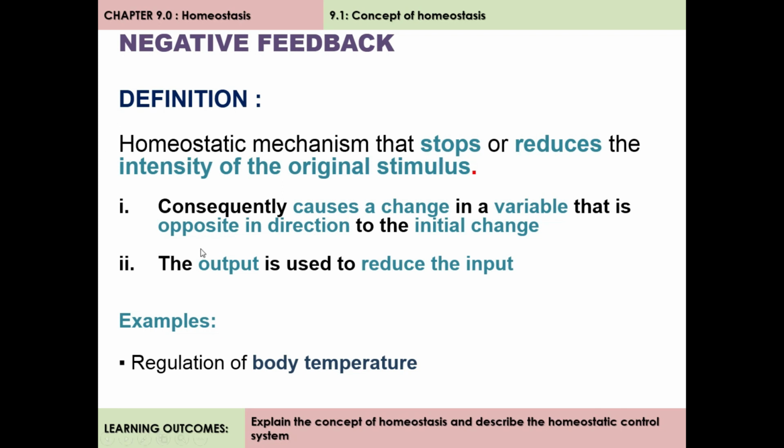The output is used to reduce the input for negative feedback, but for positive feedback, the output is used to enhance the input. An example for positive feedback mechanism is secretion of oxytocin during childbirth.